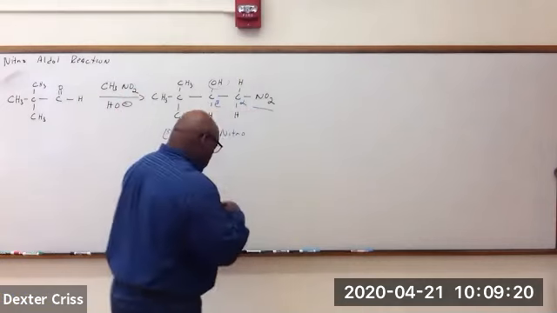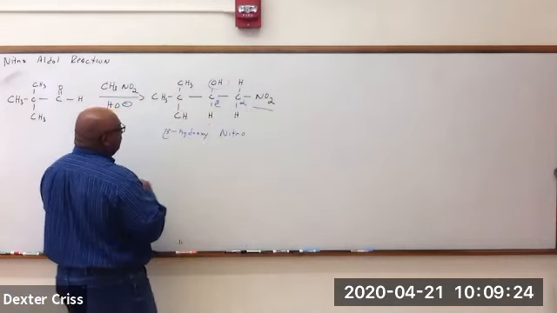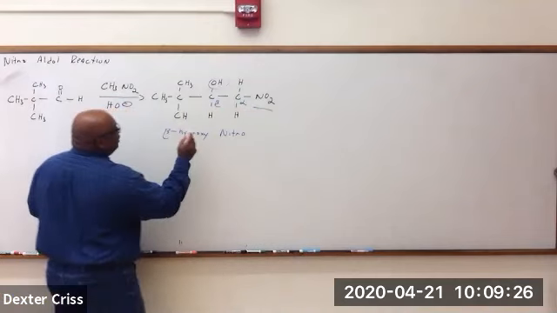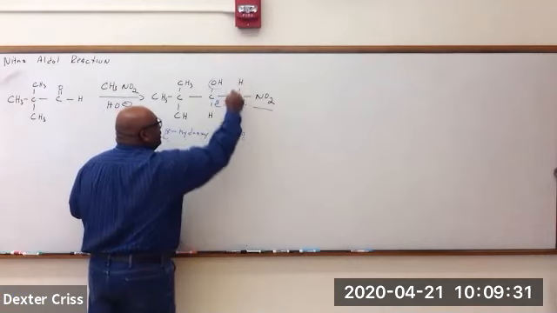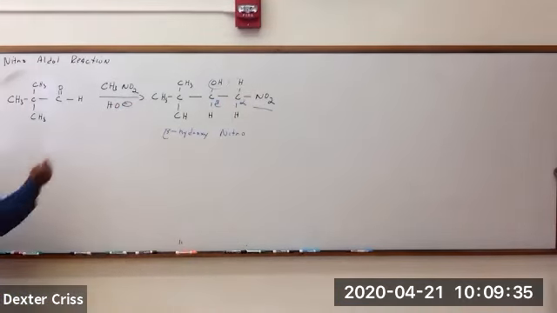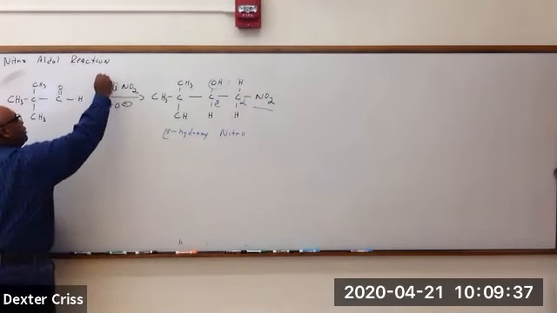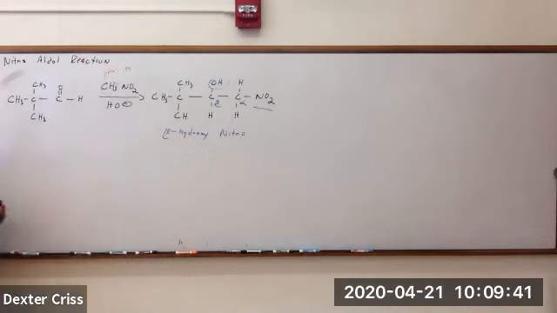The reason why dehydration occurs is because in relation to the nitro group, these hydrogens are extremely acidic. I didn't even talk about that. These hydrogens have a pKa of approximately 10. Very, very acidic.